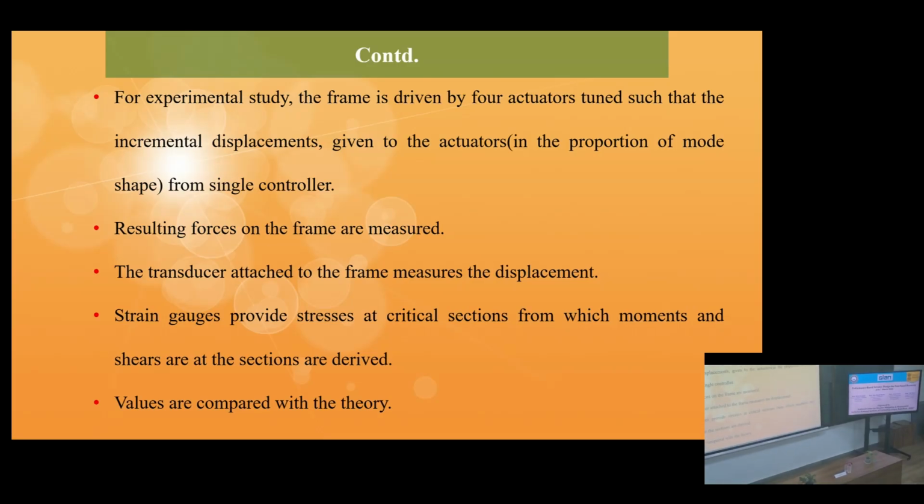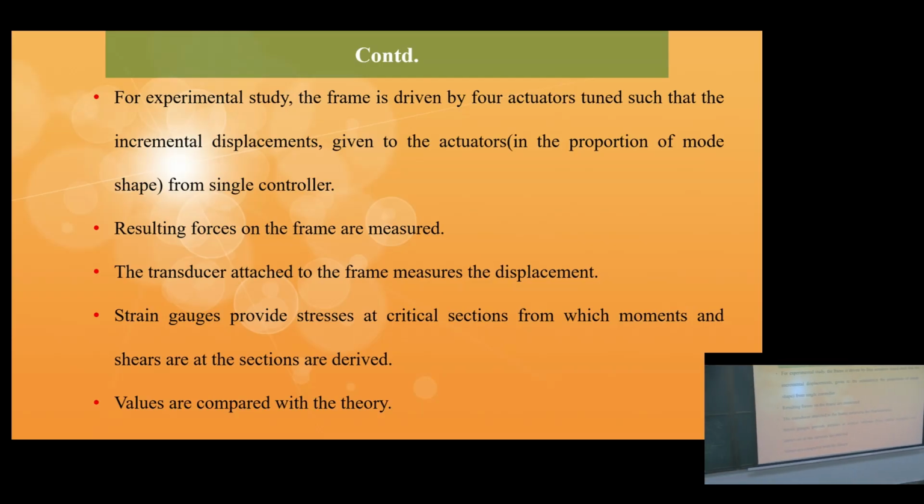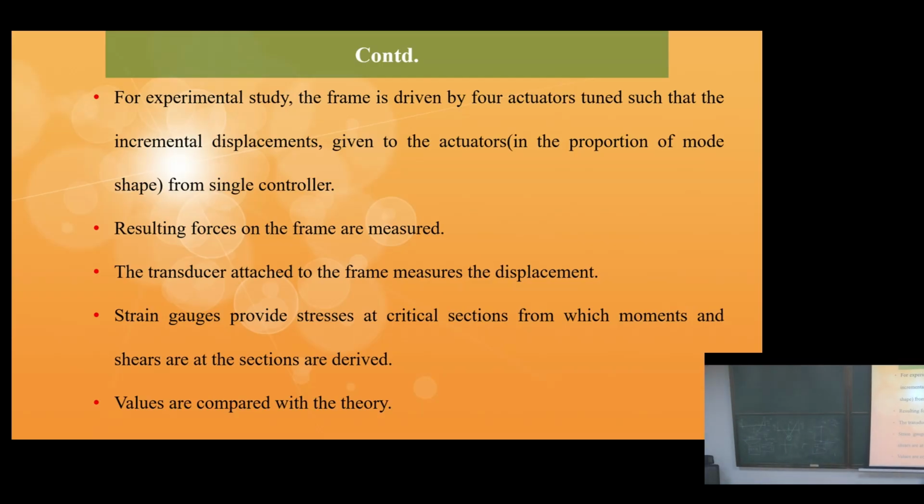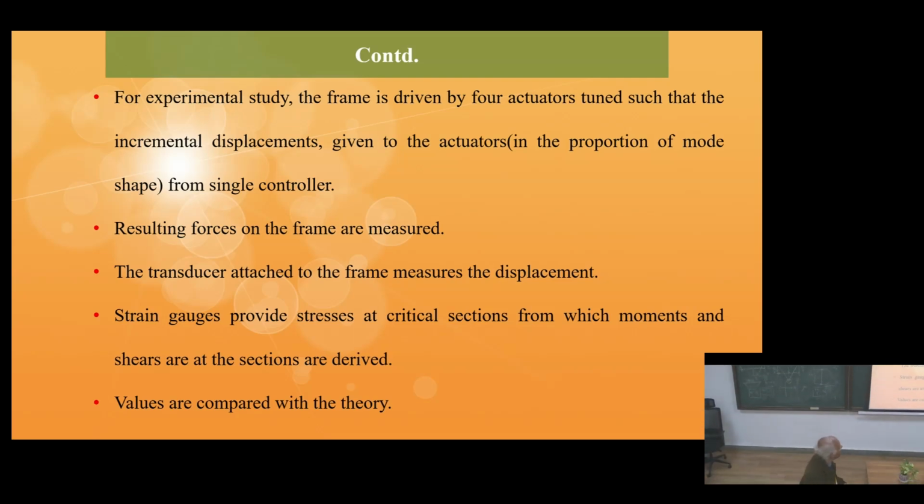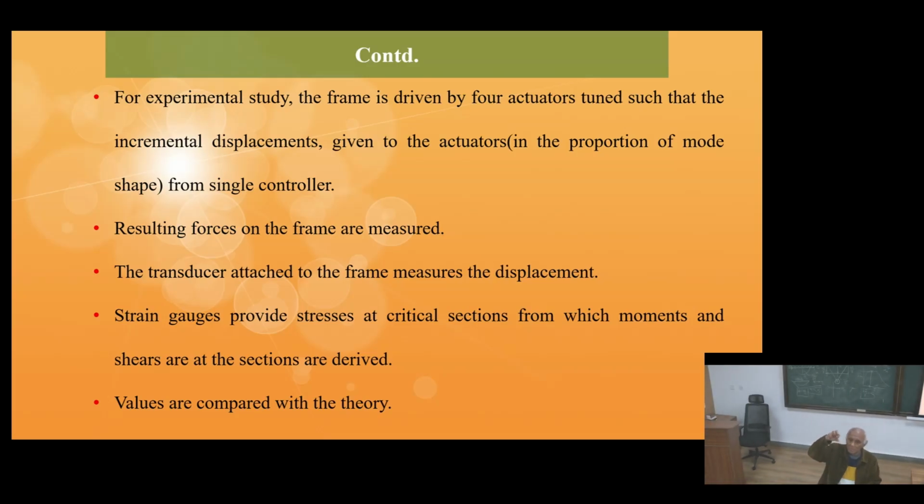For an experimental study, the frame is driven by 4 actuators. No, one single actuator at the top will not work. So 4 actuators, such that the incremental displacement given to the actuators is in the proportion of the mode shape, from a single controller. So from a single controller we control the movement of these actuators.